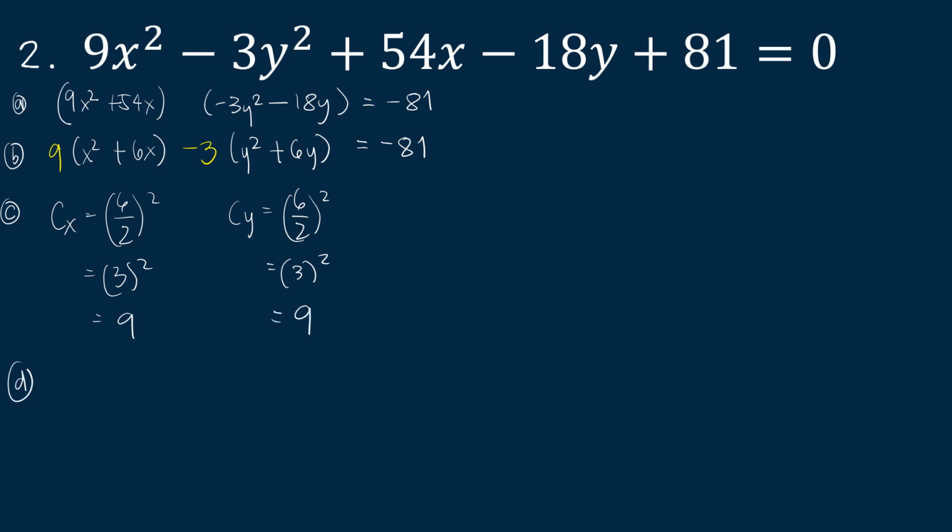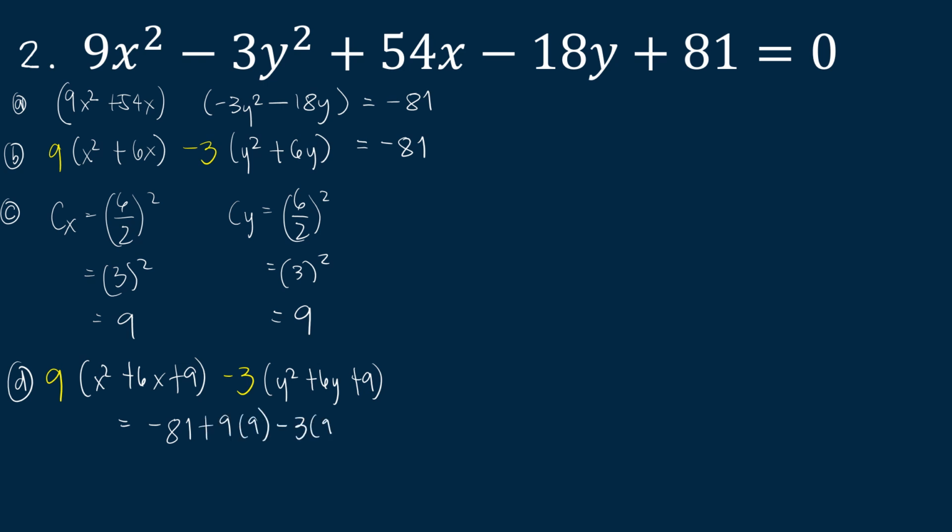For letter D, we should add 9 to both sides of our equation. 9 multiplied by x squared plus 6x plus 9 minus 3 y squared plus 6y plus 9 is equal to negative 81 plus 9 times 9 minus 3 times 9.